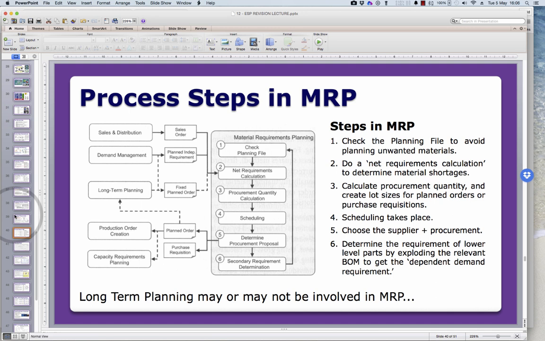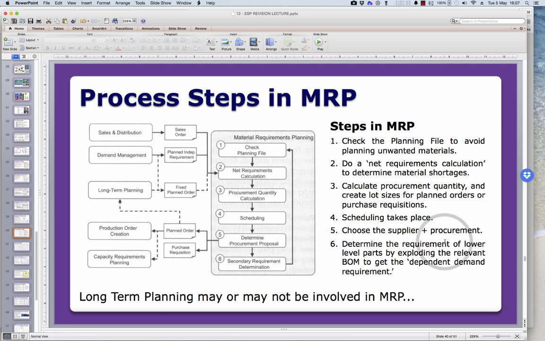Then you define the procurement proposal, and then it could be that there's a secondary requirement, in which case you've got to go back to the planning file to find out if there's any more elements of this order that are going to come through. As a result of the procurement proposal, you will do two things. You'll have production order creation, and you'll do a capacity requirements plan to see if there's enough room on the shop floor or in whatever production process it is.